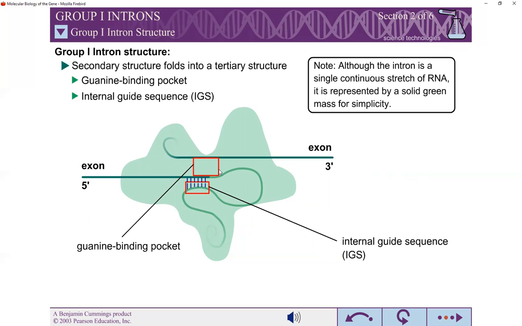Here there is an internal gap region, which has the ability to bind guanine from the cytosol, and that is why this pocket is commonly called the guanine binding pocket. It will initiate the reactions to take place. The internal guide sequence binds with exon 1.